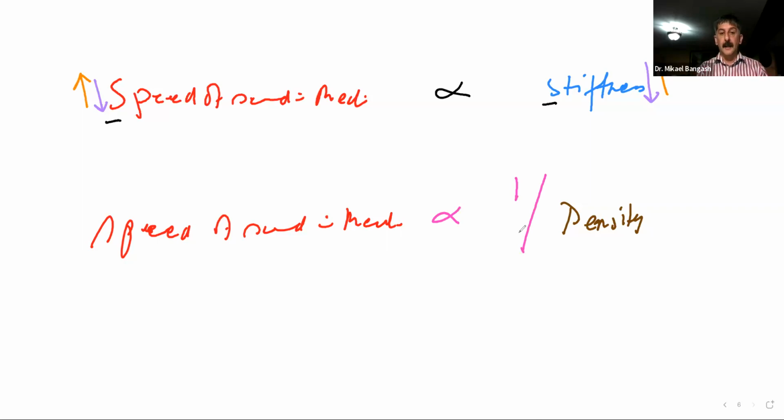Which mainly will mean that your greater density will be at a lower speed. And lower density of a medium will cause a greater speed of sound in the medium.